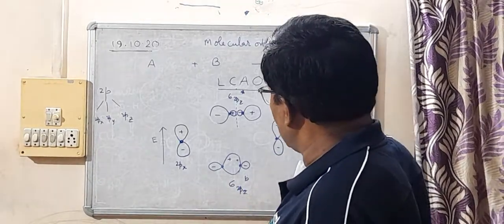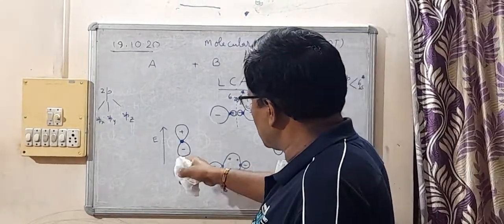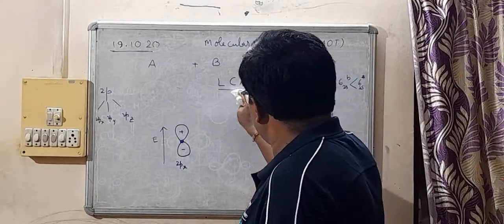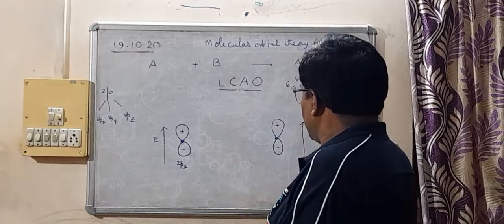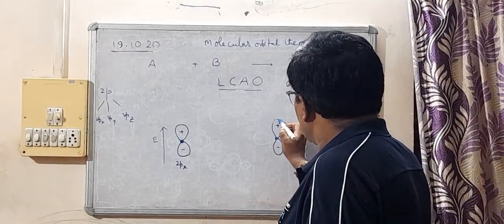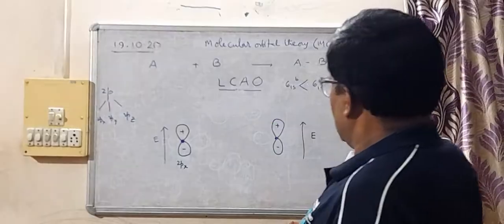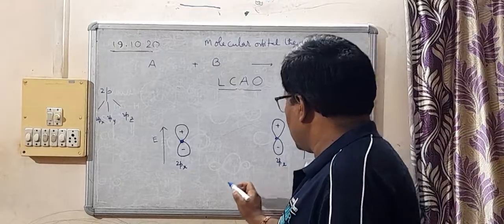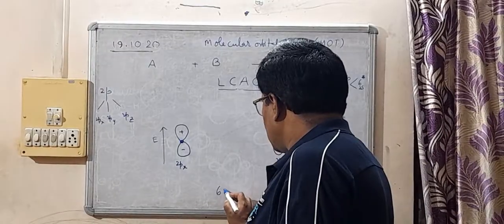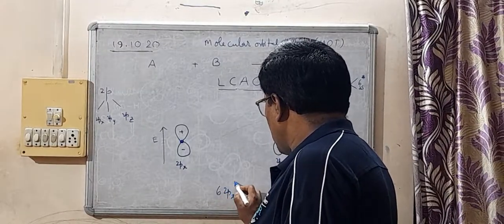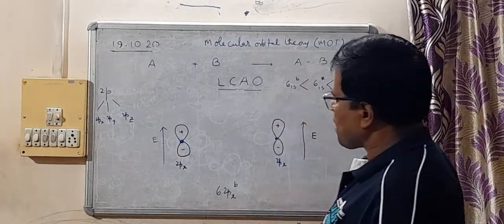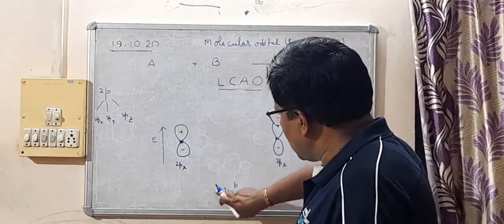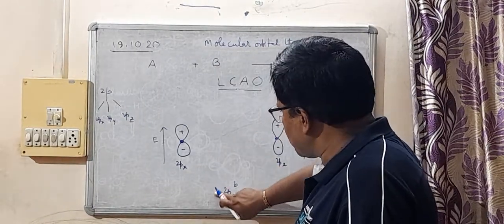So the linear combination of atomic orbitals of these two will give us one sigma 2px bonding molecular orbital, and another will be, it won't be sigma here. Previously it was sigma. Now it will be of pi type.